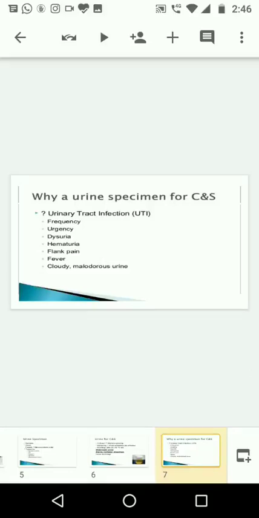First of all, if there is any UTI, to check the frequency, urgency of urine, if there is dysuria, that is difficulty in urination, hematuria, blood in urination, flank region pain, and if the patient is experiencing fever or the patient's urine is cloudy, then you should take a culture and sensitivity test.